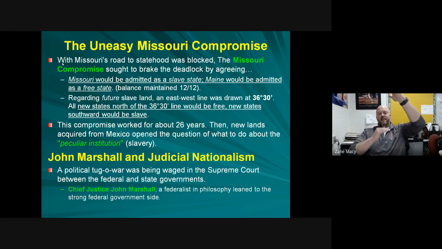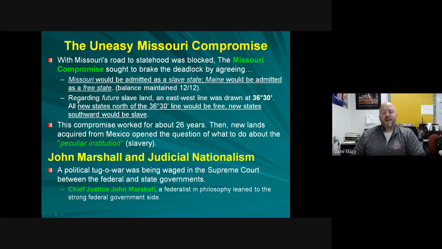All states south of that line would be slave states. 36 degrees, 30 minutes just happens to be the southern border of Missouri. So the United States Congress is taking a stance here and saying that while they are allowing for the expansion of slavery, the intended northern advancement of slavery is going to be Missouri. No farther north than Missouri from this point forward.